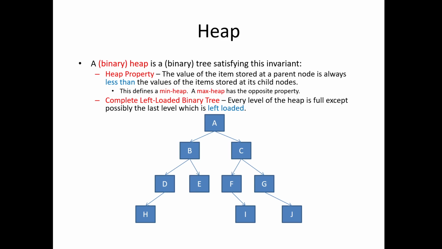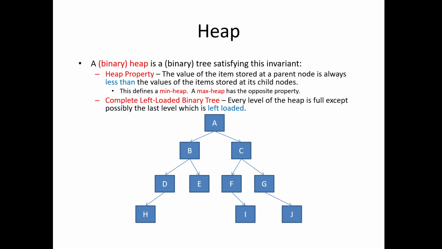Altogether we'll call them the heap invariant, but we usually split them into two properties: the heap property and then the complete left-loaded binary tree property. The second one we might be pretty familiar with already, but the first one, the heap property, is the one that actually characterizes the heap.